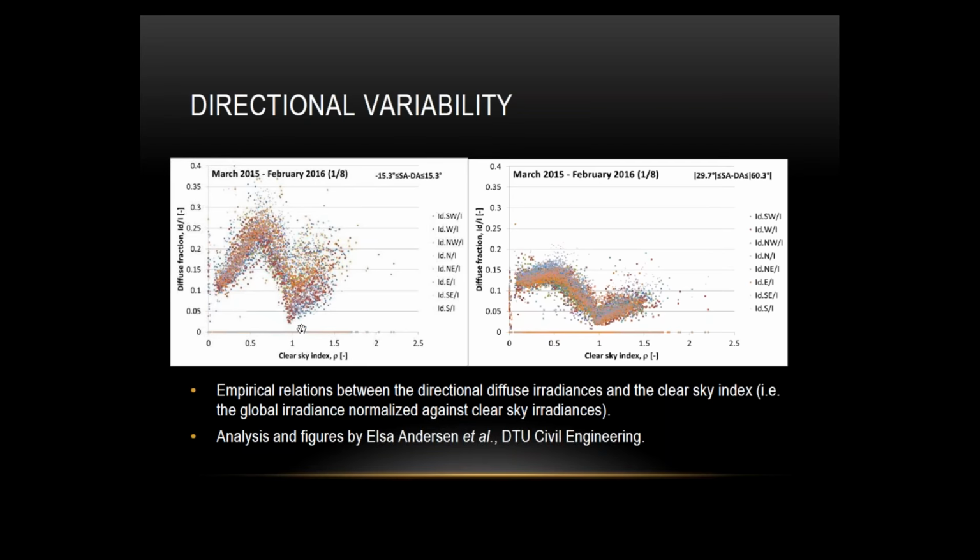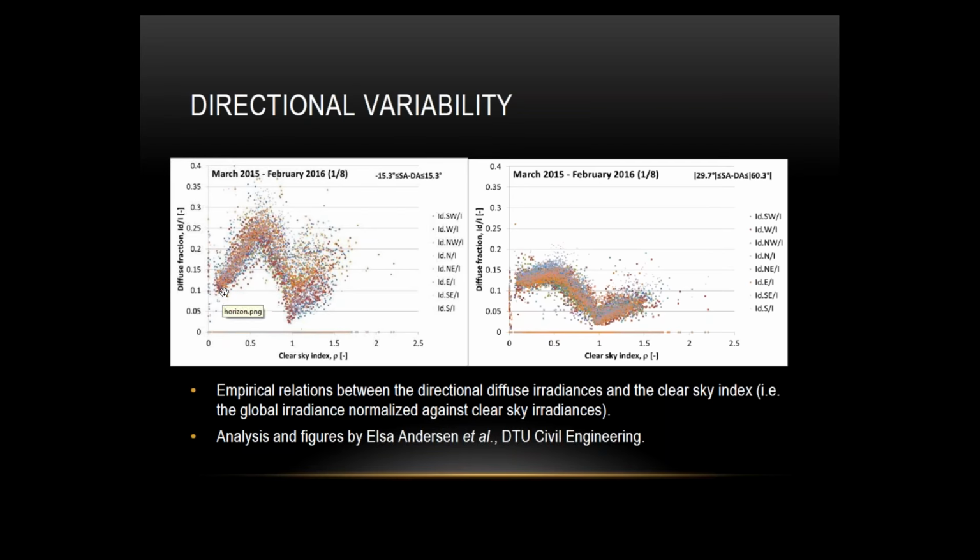And what you see is that when you have 1 in the clear sky index, you have perfect blue skies, you get the least diffuse irradiance. And then when you go down in the clear sky index, you get more and more until you get a maximum. So here you see the effect of the circumsolar irradiance, which is beyond the 2.5 degrees half angle that's commonly defined as direct irradiance.